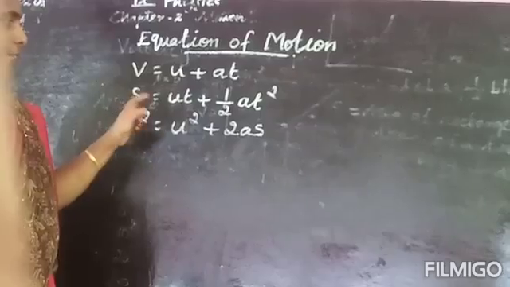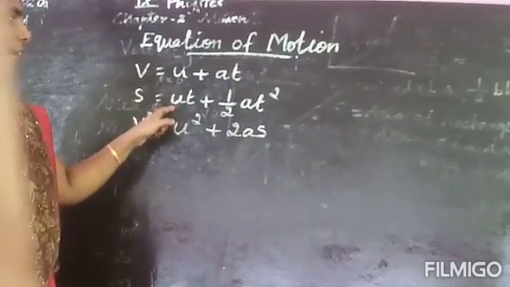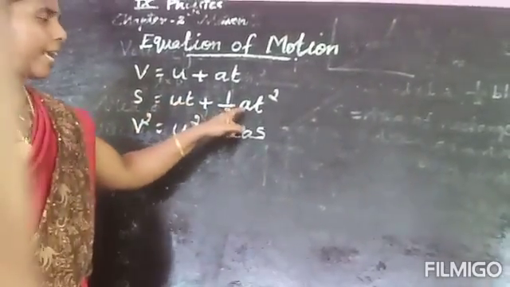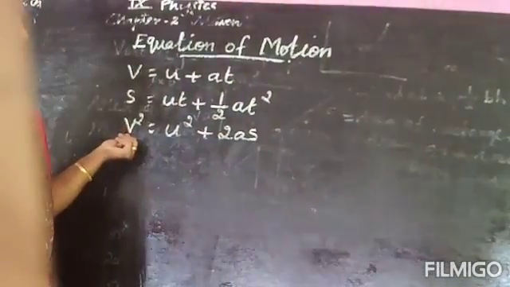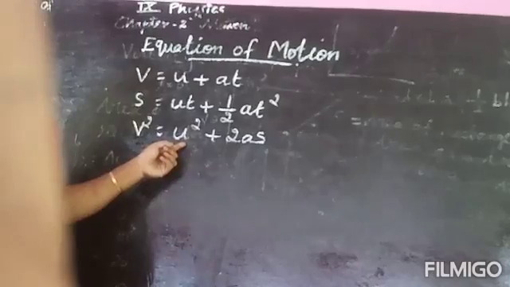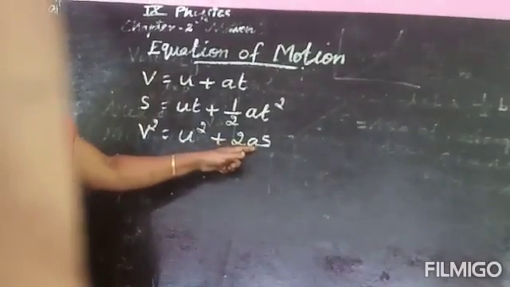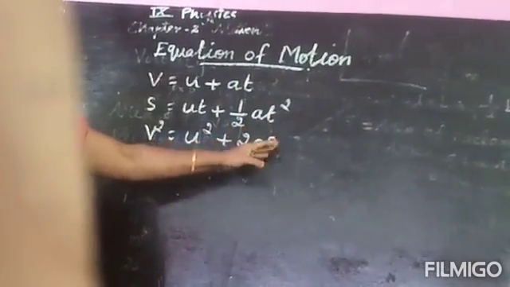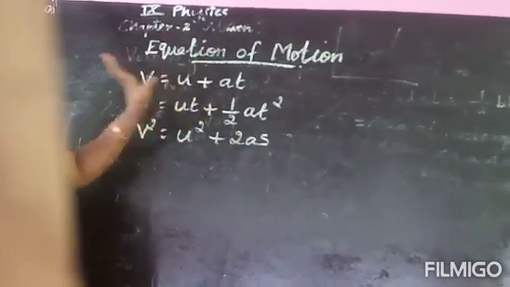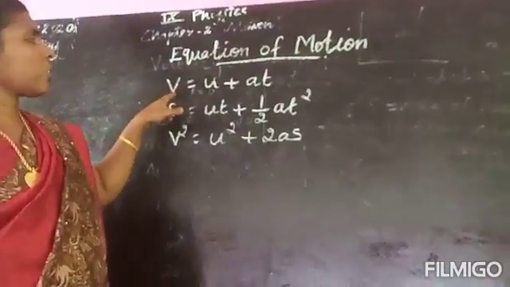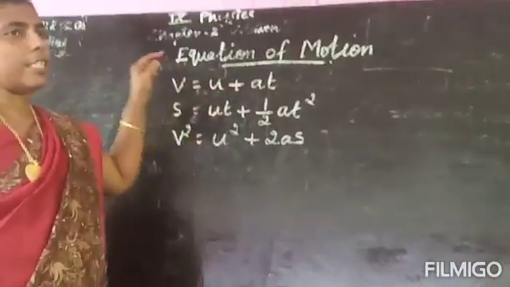S displacement, U initial velocity, T time. A acceleration, T time. V final velocity, U initial velocity, A acceleration, S distance or displacement. So each letter you have to know. So once again, first equation, V equal to U plus AT.